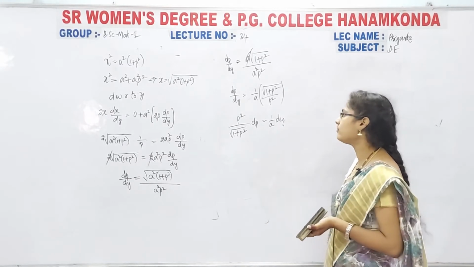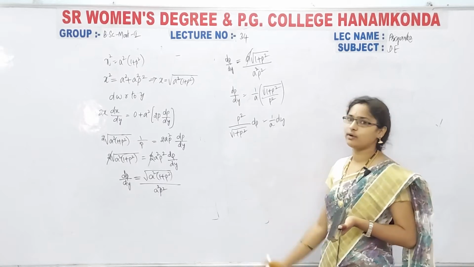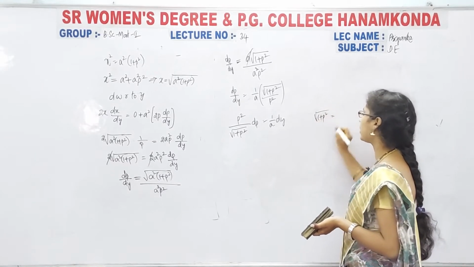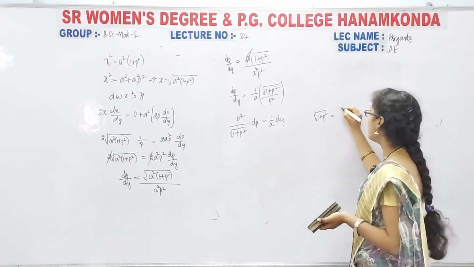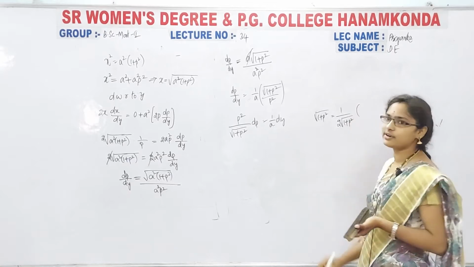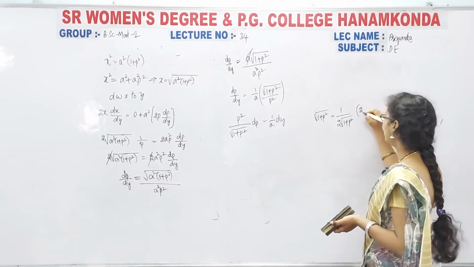Now we have to check the derivative of this one. What is the derivative of root 1 plus p square? Root x derivative is 1 by 2 root x, so first 1 by 2 root of 1 plus p square, and the inner function derivative is 2p.